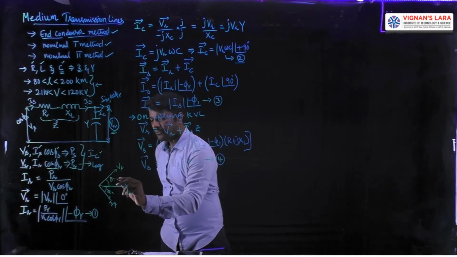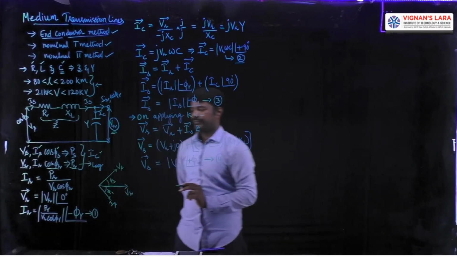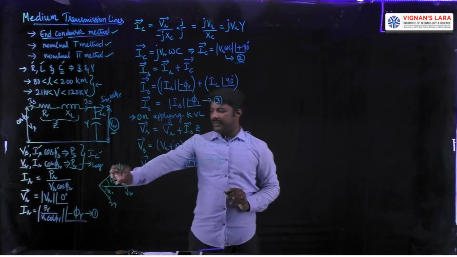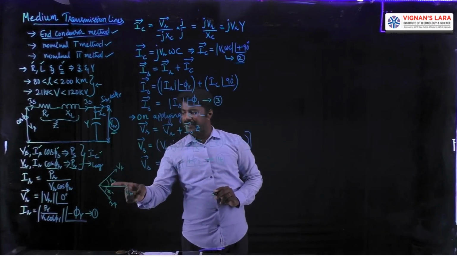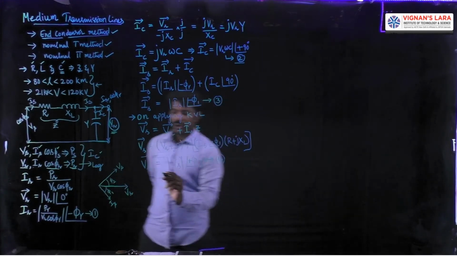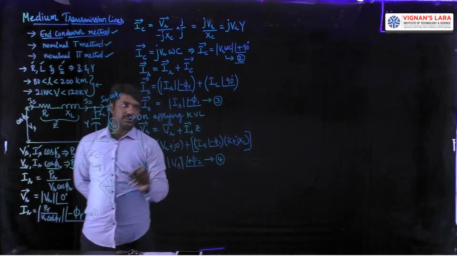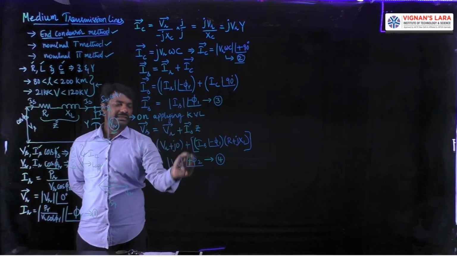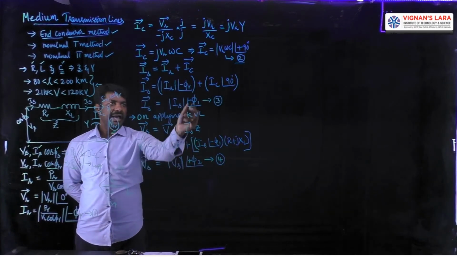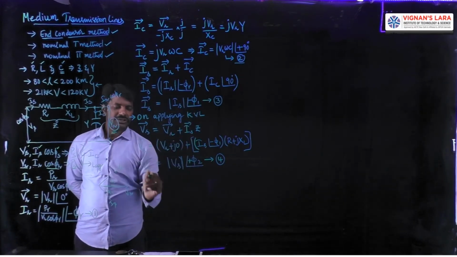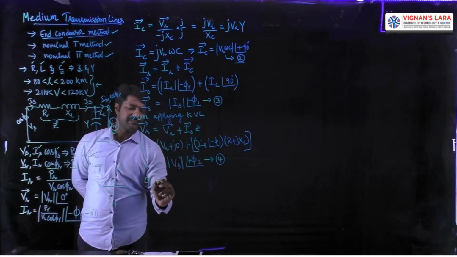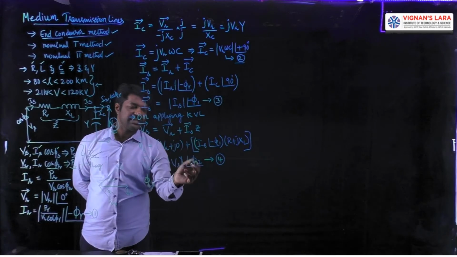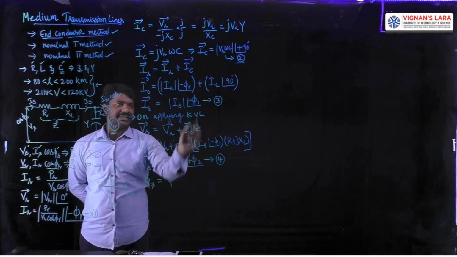Then the angle existing between Vs and IS is the summation of the angles phi 1 and phi 2. So thereby, irrespective of the magnitudes I have shown here, the polarities minus and plus, I will add these two. To be more specific, the phase angle on the sending end side, phi s, is the difference of the phase angles between voltage and current.